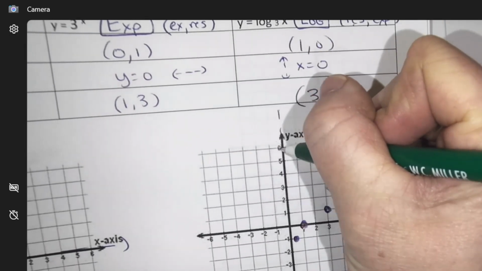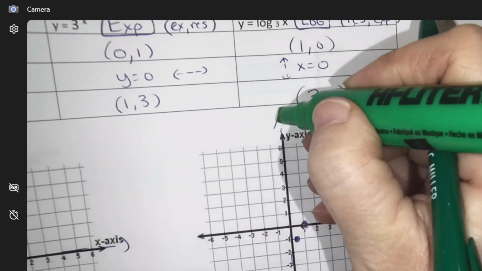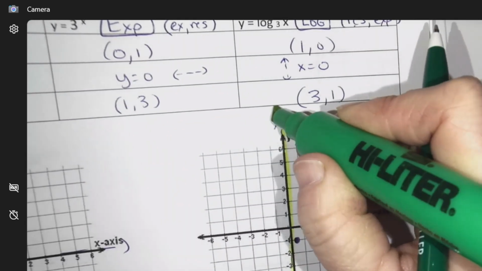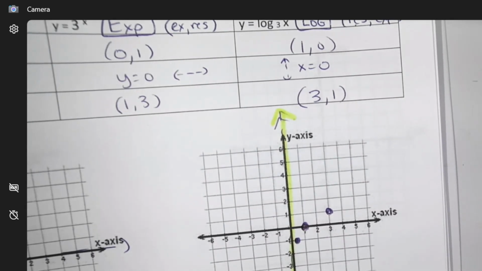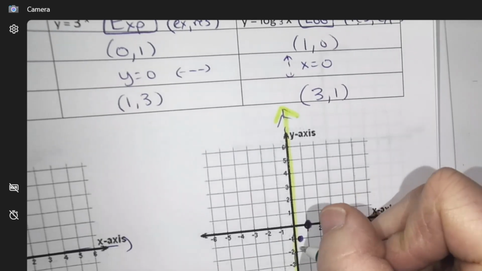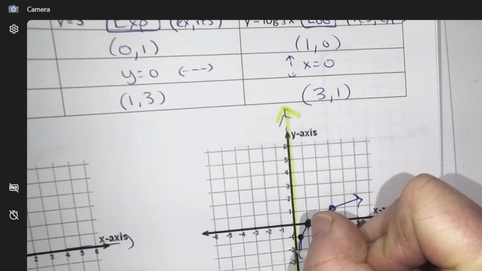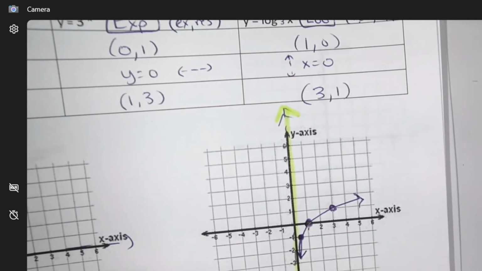And then we said we had an asymptote at x equals 0. So can you determine what the shape would be? There you go.